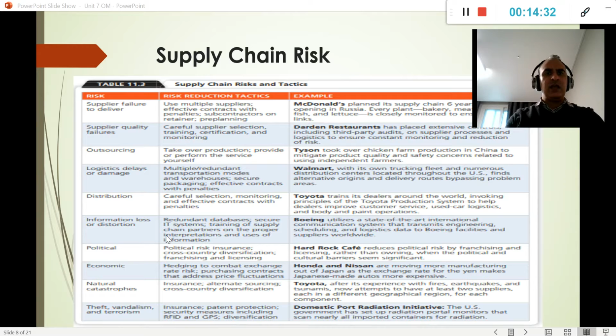We need to see how they are taking care of our products, and that they sell them with the due diligence that we need. Another risk in the supply chain is information loss or distortion. That seldom happens, because electronic systems are becoming very, very efficient. So information loss is not really happening.